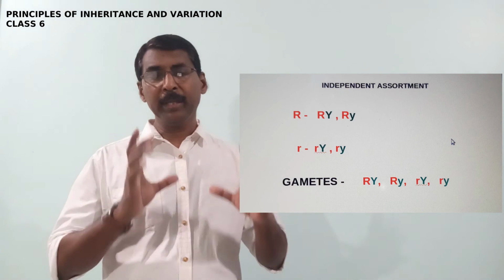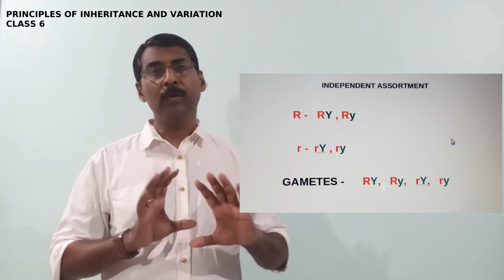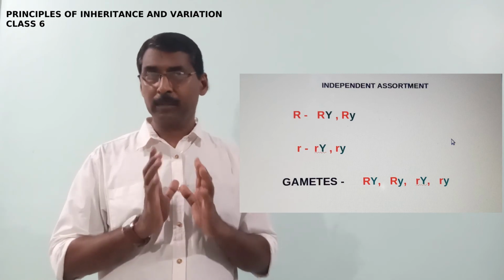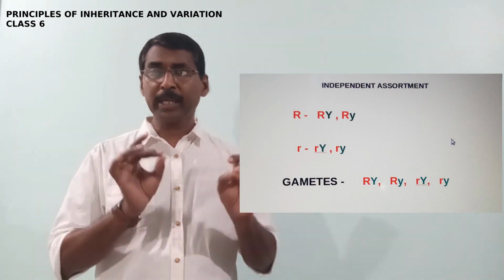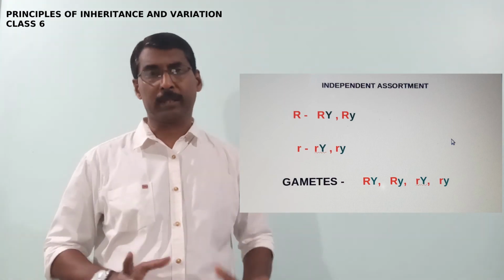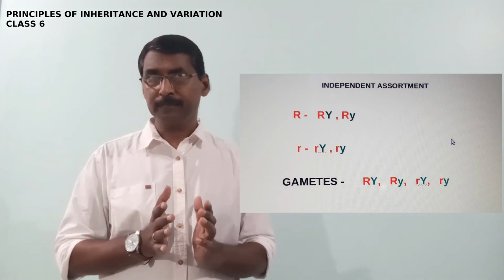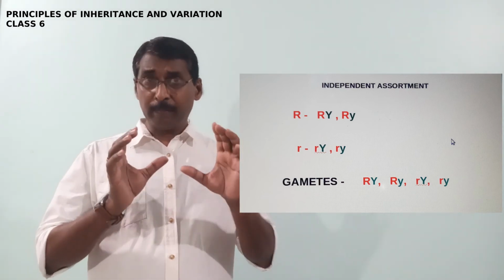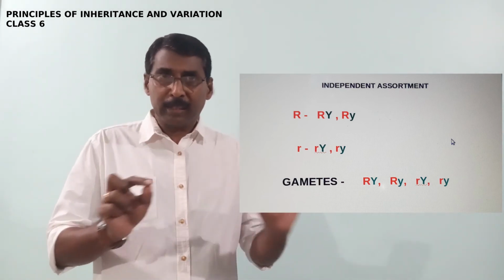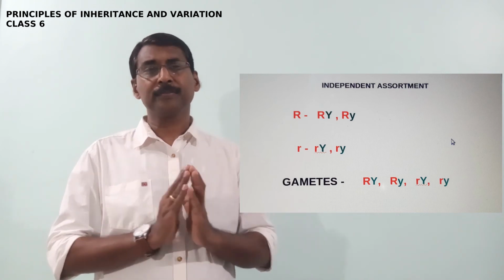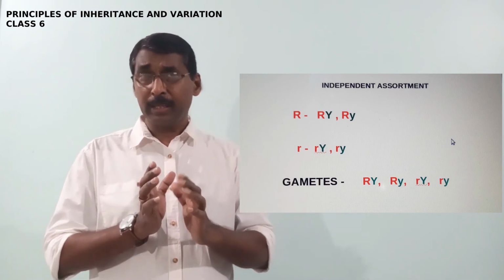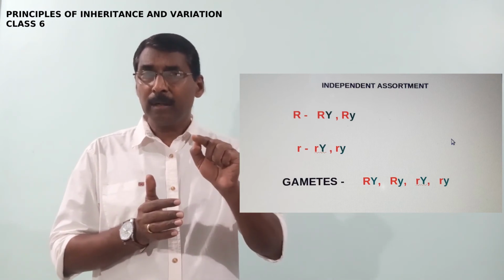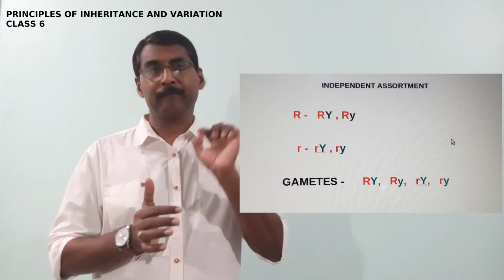So how many gametes are possible now? 4 gametes are possible. We are talking about possibility, okay? So 4 different types of gametes are possible here. While constructing the gametes, we should remember that the gamete should contain one allele of every character.